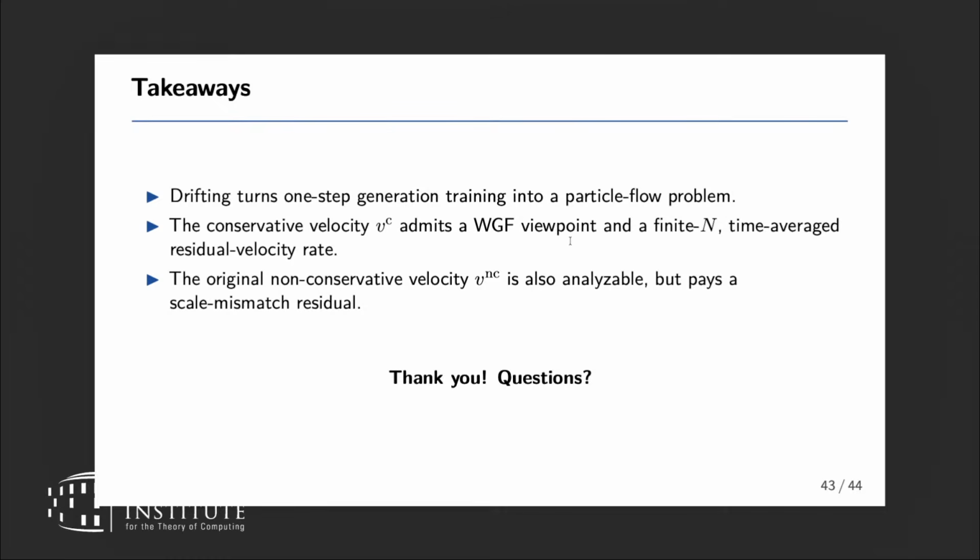One is a conservative velocity field, where you have this connection to Wasserstein gradient flows. The other is the non-conservative case, which was the original proposed velocity field. There are a lot of questions to be answered here, so what other theoretical questions to ask is the first question in some sense. Yeah, so with that, I'll end my talk and I'm happy to take questions.